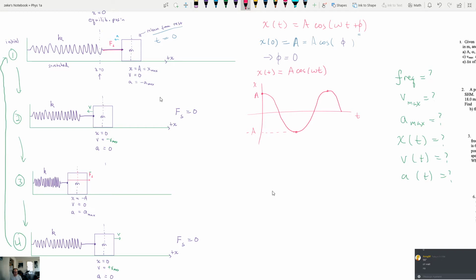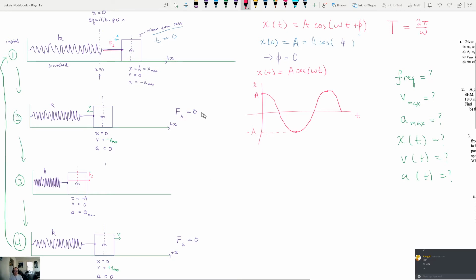And we can even say at what time each of these occur. If we say that T represents the period of the motion, where T is equal to 2 pi over omega, right? So T is the period, and it's equal to 2 pi divided by the angular frequency.